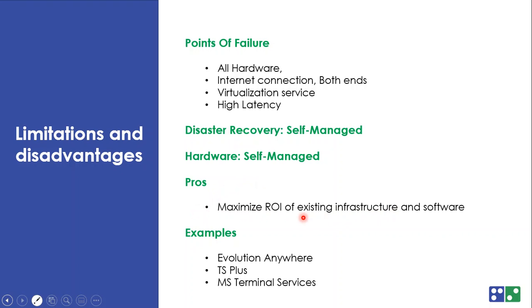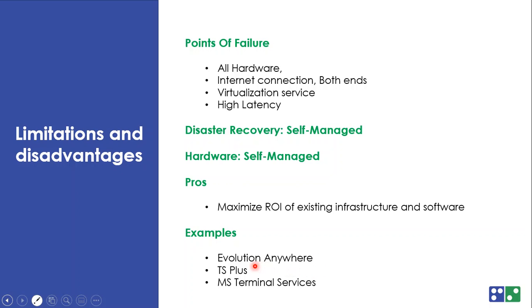So if your servers are coping, and your end user computers are all fine, nobody has to learn new software, nobody has to buy new hardware. All you do is install Evolution Anywhere, and you immediately have access from anywhere. And that's the big pro here. It gives you access from anywhere.